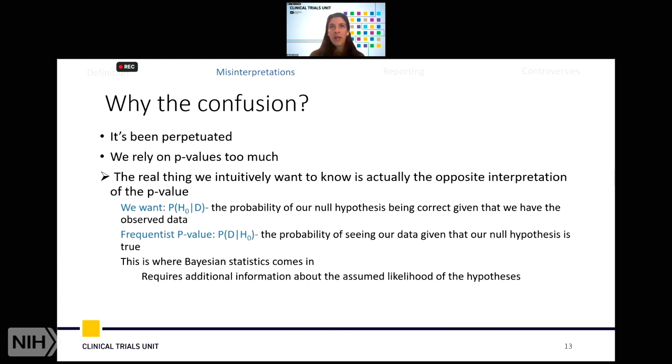So why is there so much confusion about the interpretation of p-values and why are there so many misinterpretations? And really it just comes down to that it's been perpetuated. In a little while, I'll talk about some research that's been done about this in particular, but in another way, we also just rely on them too much to interpret our data, one could argue.